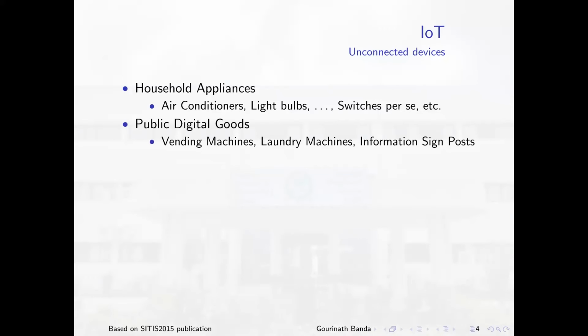We have got IoT enabled other things such as vending machines, laundry machines, information signposts. For instance, you might have seen in big cities like Gurgaon, Bangalore, Hyderabad, Pune, there are huge electronic display panels, right?